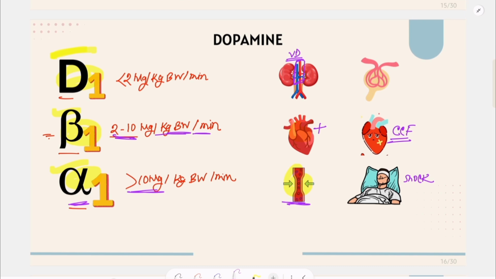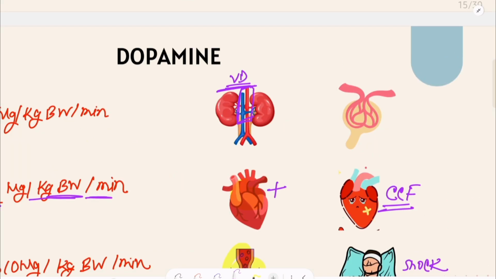This means it will stimulate D1 receptor also. By stimulating the D1 receptor, it will cause vasodilation in the kidney. Whenever it causes vasodilation in the kidney, the glomerular filtration rate will be increased. That will lead to improved renal function.